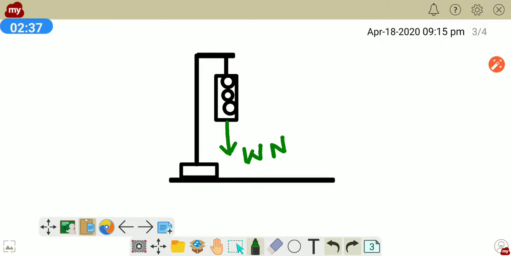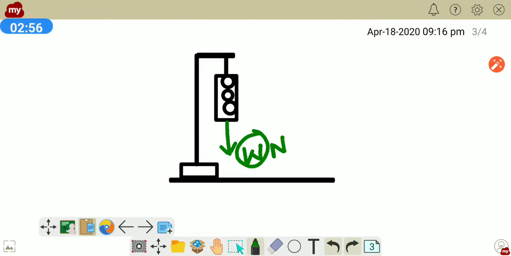The weight is completely acting in the vertical direction. With the action of this weight, the lamp has to fall down, but it is not happening. Why? Because the string is also applying some force on the lamp, pulling the lamp in the upward direction.